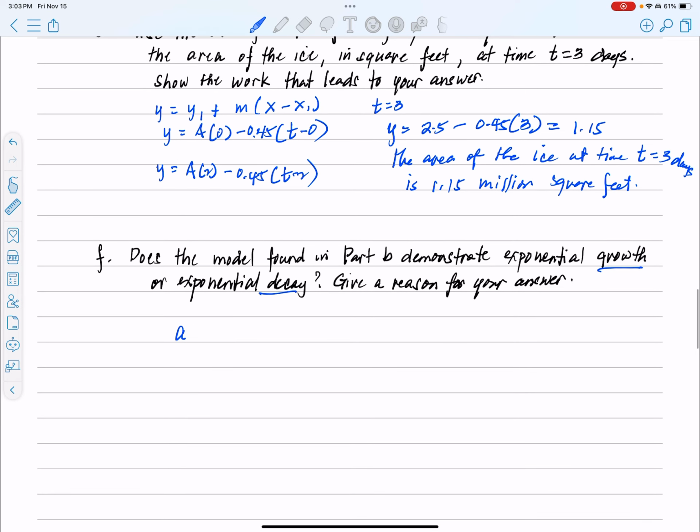How about b? The ratio is between 0 and 1.